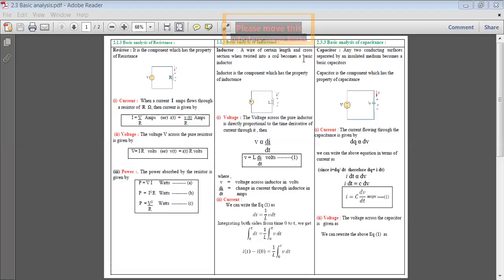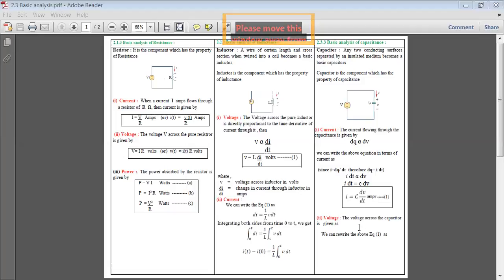Finally we get I is equal to C into dV by dt. You know dq is equal to I into dt. Substituting in this equation, the current through the capacitor is I is equal to C into dV by dt amperes.